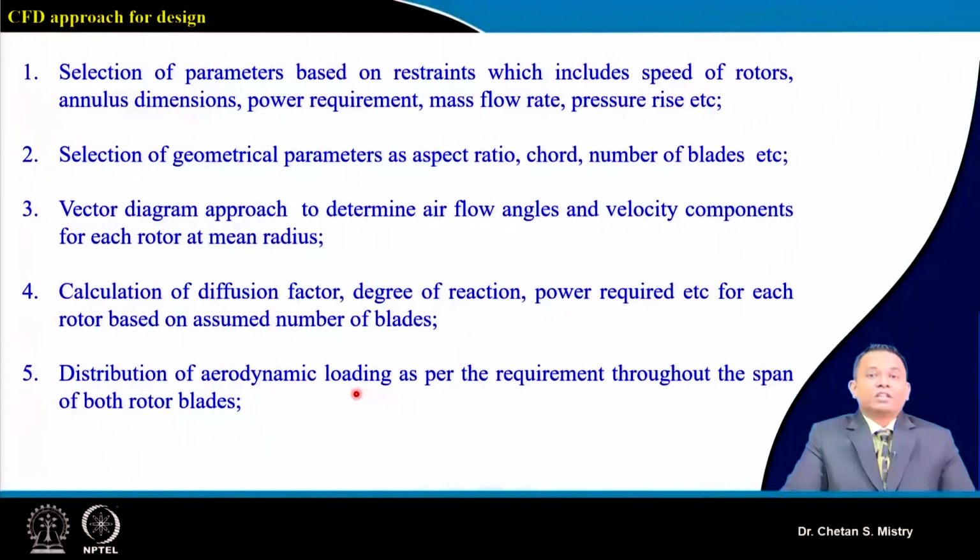For the current design, we have taken a highly loaded rotor 1. We were expecting a pressure rise of 1100 Pascal for rotor 1 and 900 Pascal for rotor 2. So the total expected pressure rise from this contra-rotating stage was 2000 Pascal.